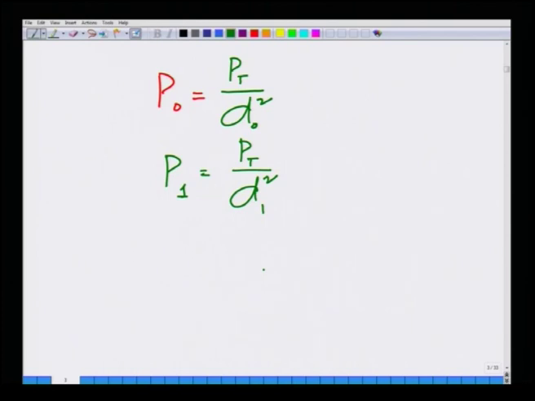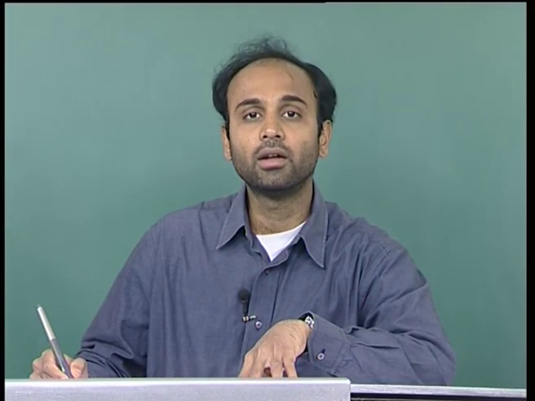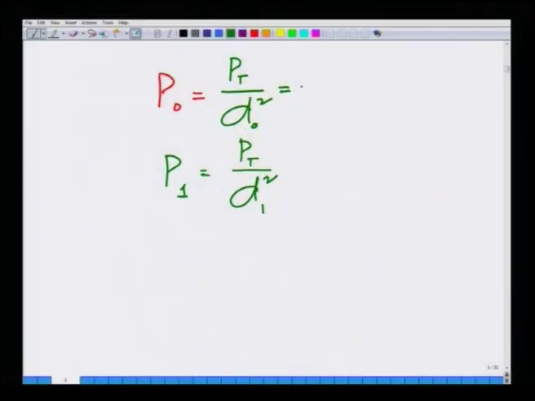However, d0 is square root of N times d1, hence P0 is nothing but Pt divided by N times d1 square.